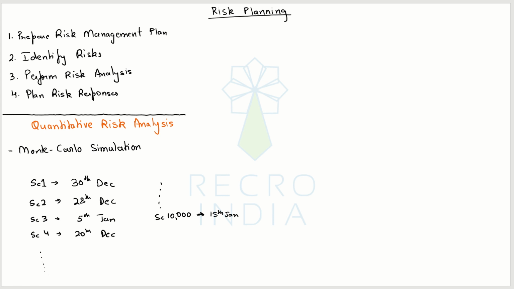Now, what's the advantage? Why are we doing this? Once you have possibly 10,000 or 20,000 different scenarios, using this data set we can find out the average. Let's say the average end date is maybe 3rd of January.